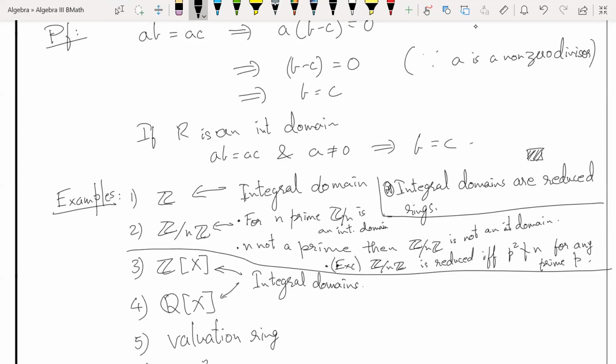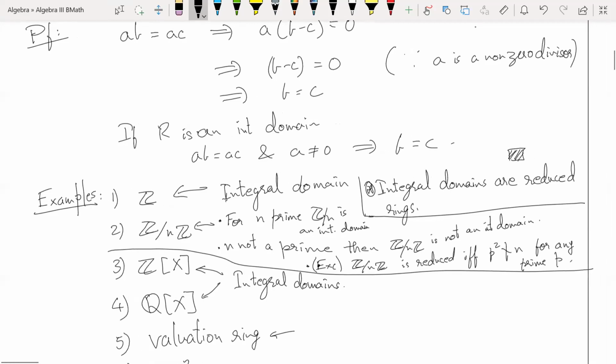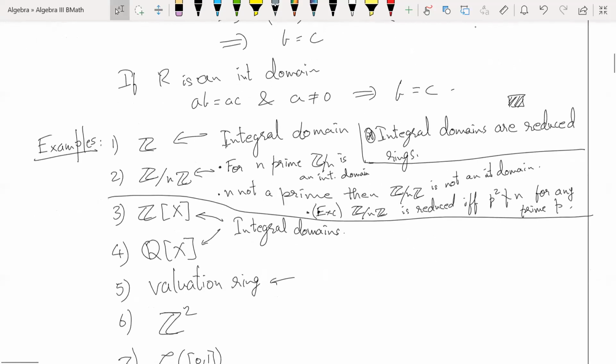So valuation ring was homework, so maybe I'll not talk much about it, but of course it's a subring of a field, right? By the definition of valuation ring, it is a subring of a field. So this is one observation which we can put down here.